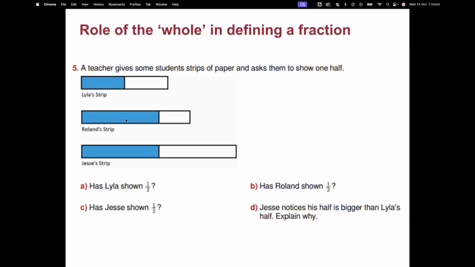Similarly, if we consider Roland's strip and Jessie's strip, the same amount is shaded. Why isn't Roland's strip showing 1/2? It's the same amount. But of course, it's not the same amount because the whole is different, right? The whole between Roland's strip and Jessie's strip is not the same, and so you cannot compare them. Remember, it's a requirement for fractions.